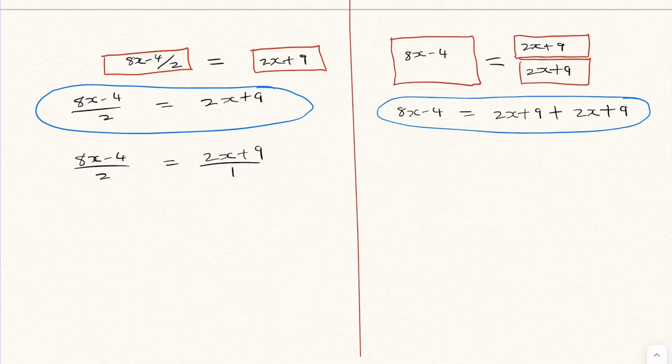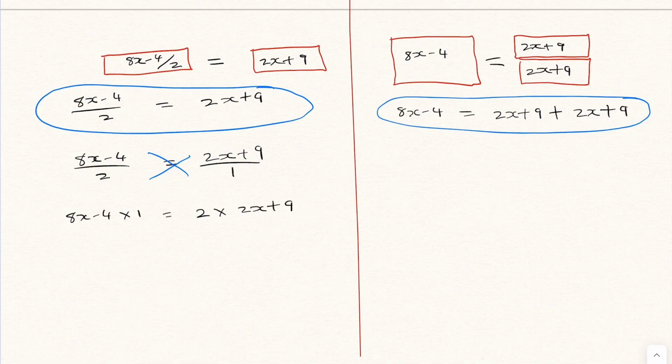Here we're going to cross multiply, which simply means that the numerator on the left-hand side is multiplied by the denominator on the right-hand side, whereas the denominator on the left-hand side is multiplied by the numerator on the right-hand side. So it goes to 8x minus 4 times 1 is equal to 2 times 2x plus 9.